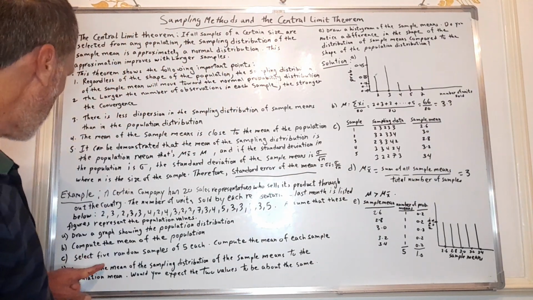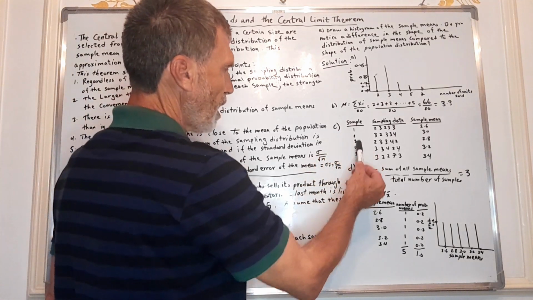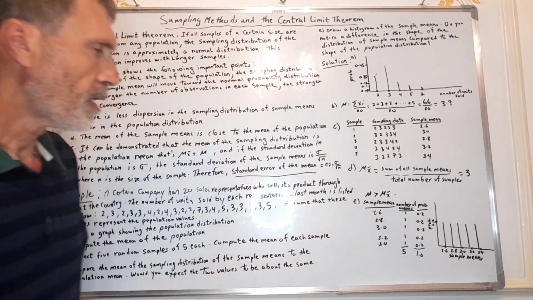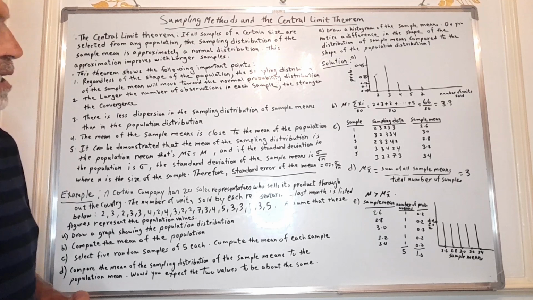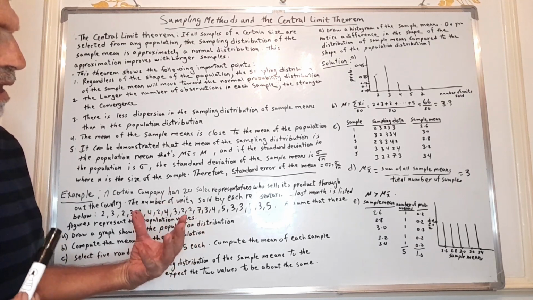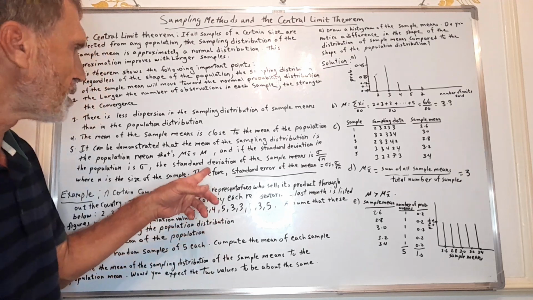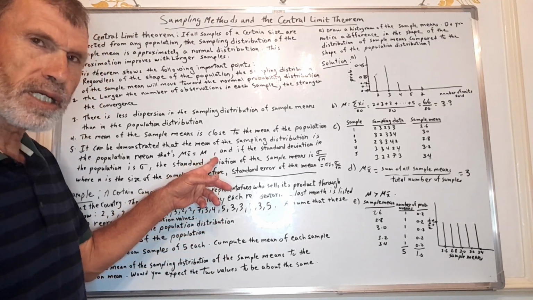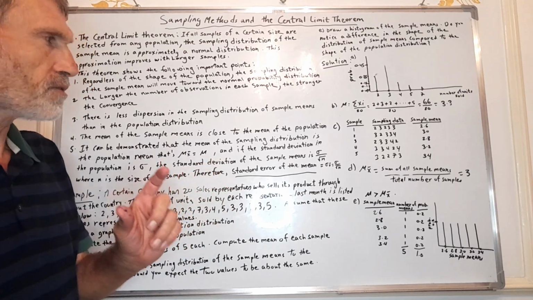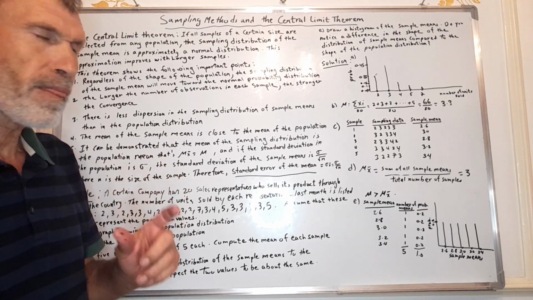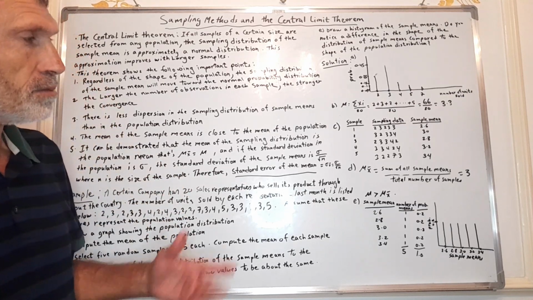C, select 5 random samples of 5 each. This is the sample. You have 5 samples. Remember that, of course, if we calculate how many samples we can obtain out of these 20, the population of 20, and samples of size 5, we're going to have many samples.